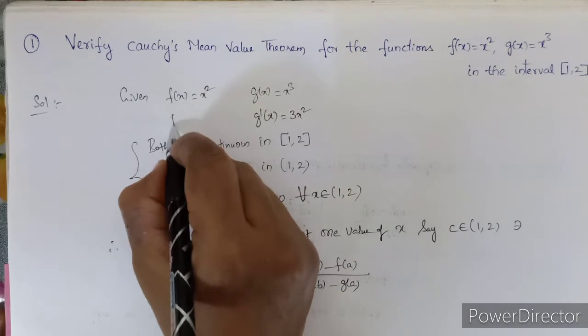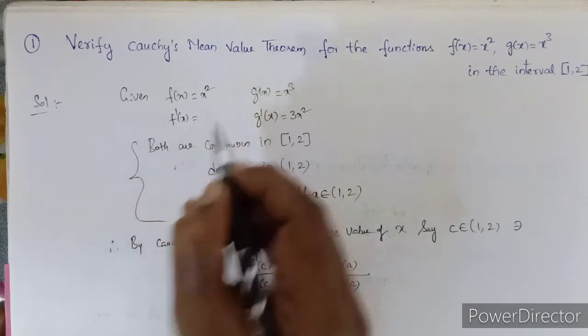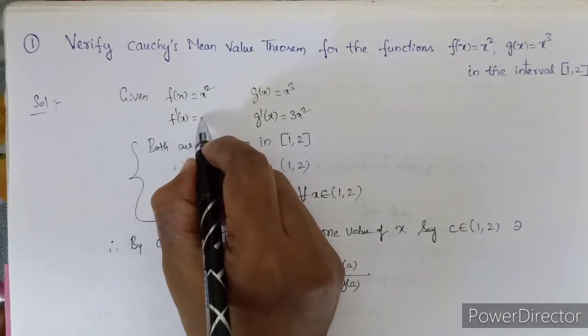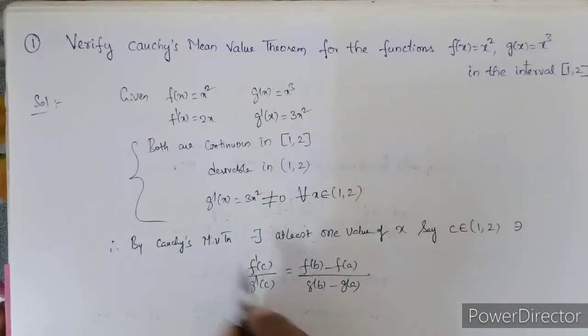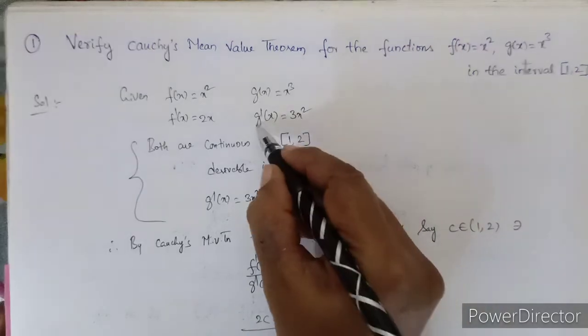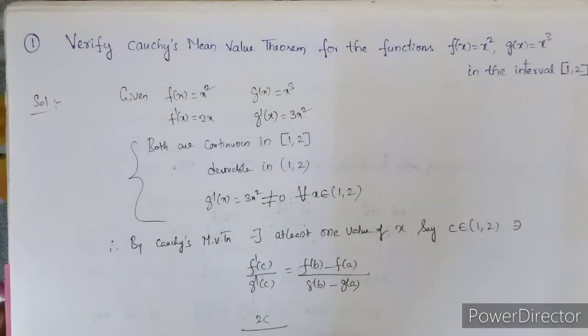We also find f dash x on differentiating both sides with respect to x. F dash x is equal to 2x. F dash c is equal to 2c. G dash of c is equal to 3c square.